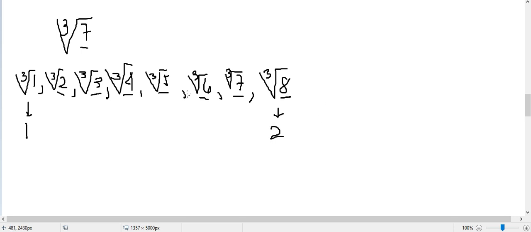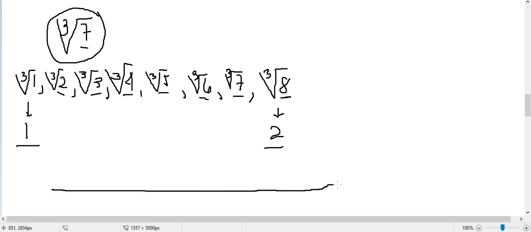Okay, so therefore cube root of 7 lies between 1 and 2. So if you are going to plot that on a number line, so we have here 1 and 2.